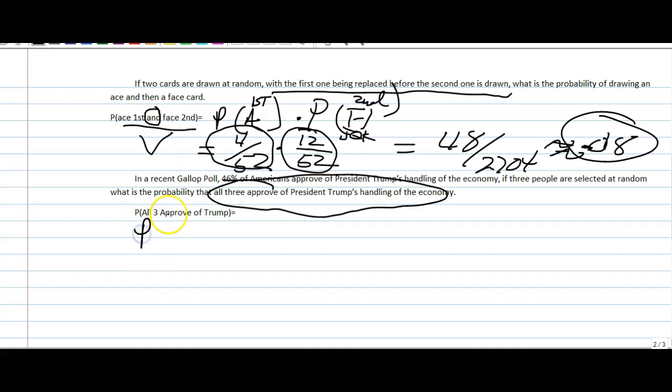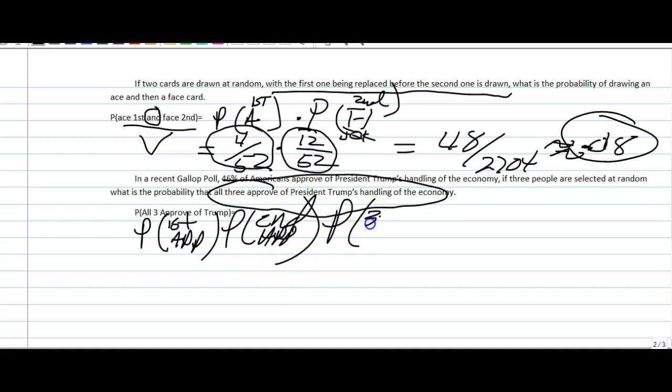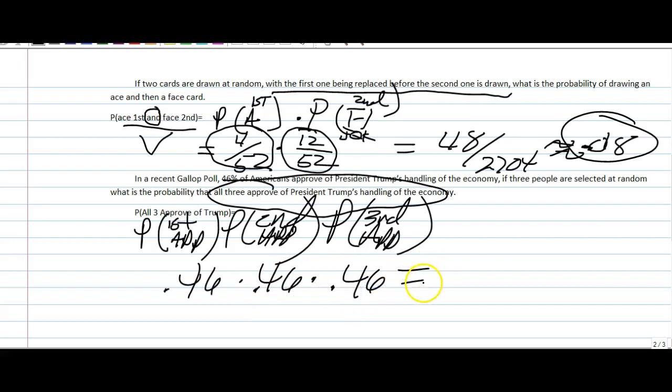So basically what I want to know is what is the probability the first one approves, second one approves, and the third one approves. So what I do is I multiply their independent probabilities, which will be 0.46 times 0.46 times 0.46, which is approximately equal to 0.097.